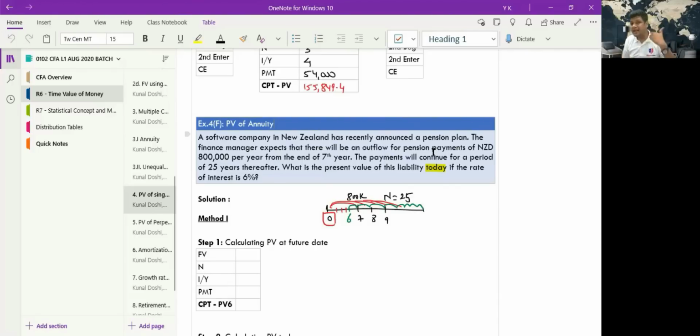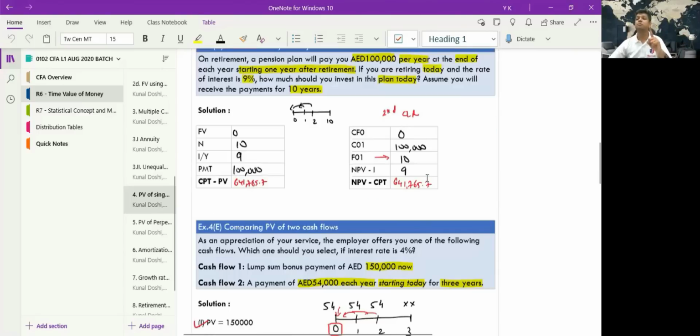So when I bring all the cash flows to present value, all the 800,000 cash flows, it will not come at the end of 7th year, but it will come at the end of 6th year. Remember, always the present value pushes you a year back if your calculator is at the end of the period. I'll repeat, the present value pushes a year back.